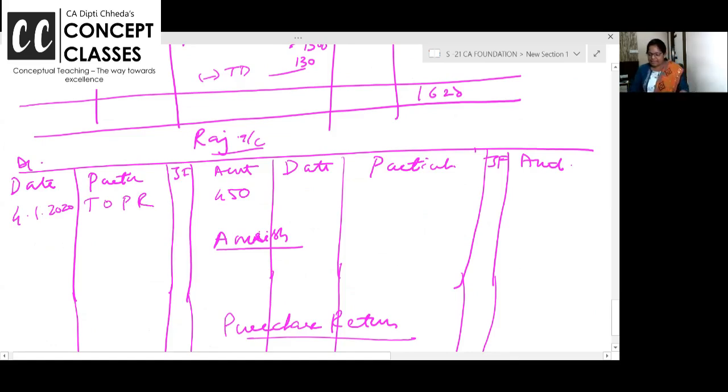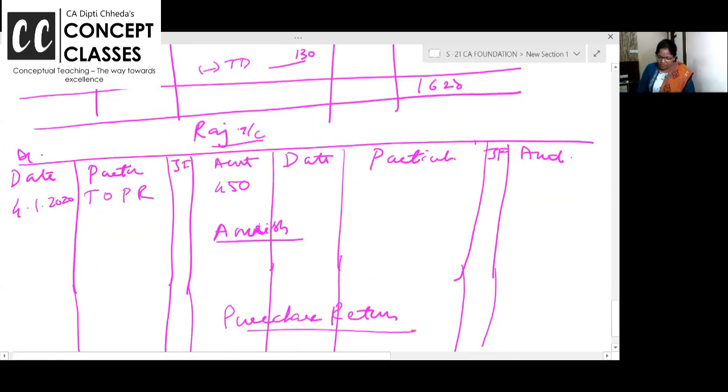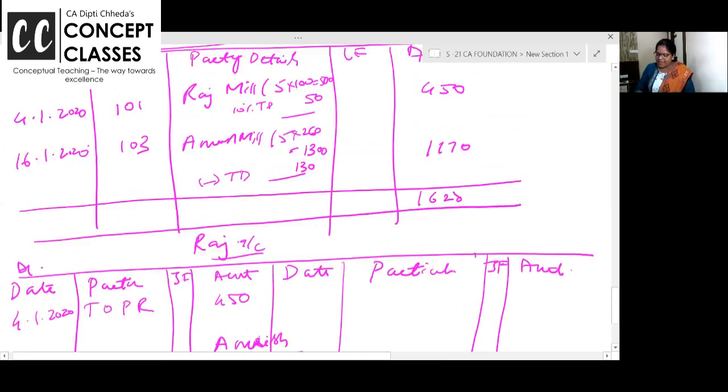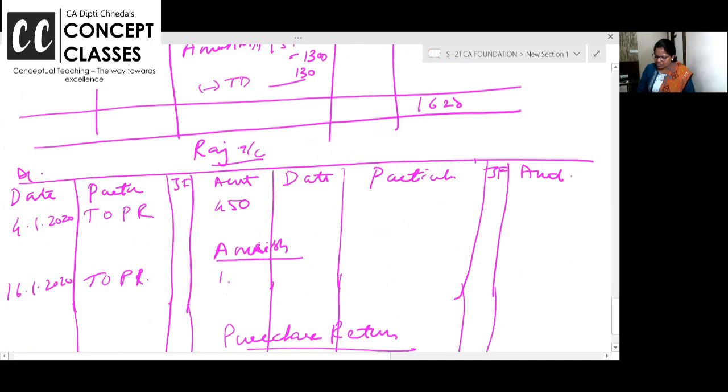And don't balance it. Amrish, I have returned the goods on 17th of January. On the same day, I'll debit Amrish. Just post it. Purchase return credit. Raj account debit, Amrish account debit.